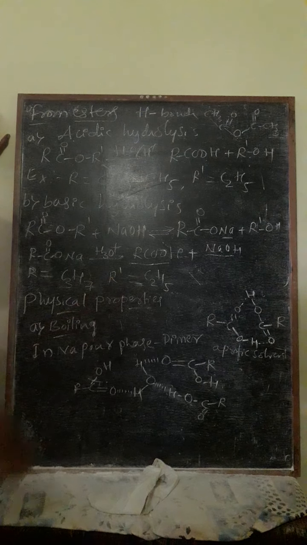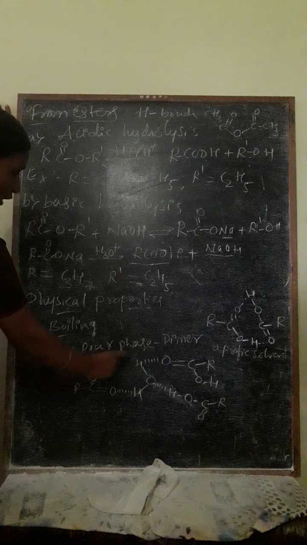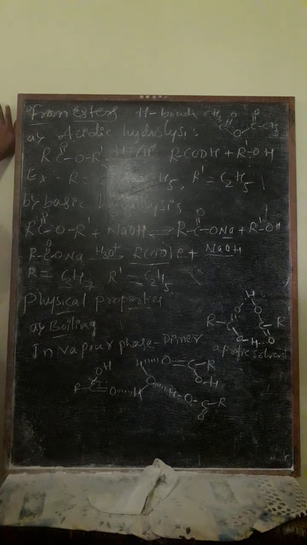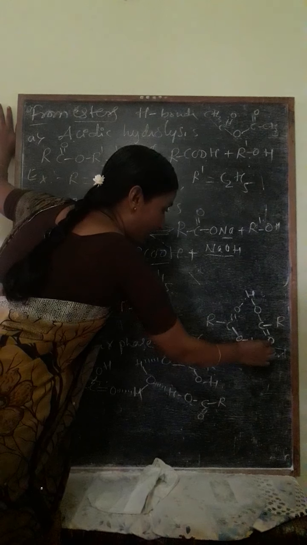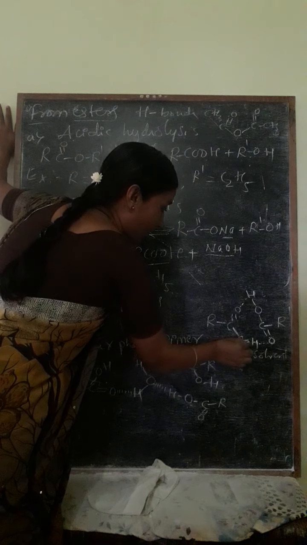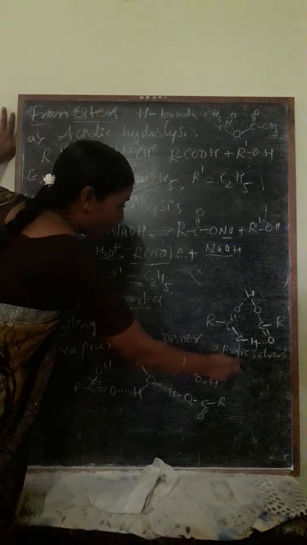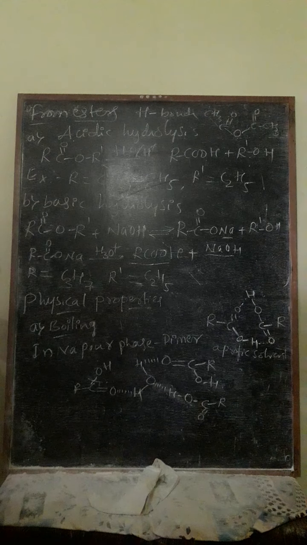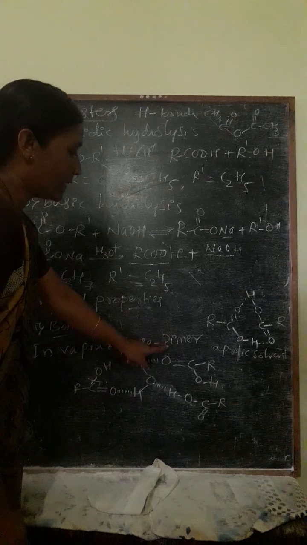You can move further one step, that is, in vapor phase also the hydrogen bonding exists. Hence there is a formation of, you can say, dimer, or in case of aprotic solvent, due to this strong hydrogen bonding, all these carboxylic acids are said to be existing as a dimer.